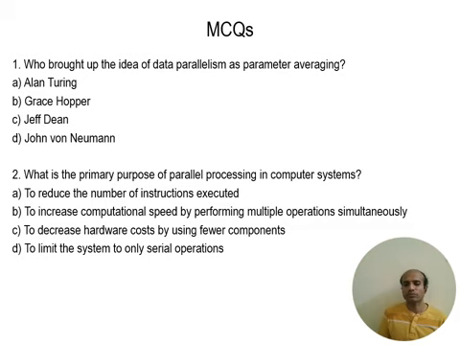We obviously want to get the maximum out of the systems, right? So the primary purpose of parallel processing is to increase computational speed by performing multiple operations simultaneously. That should be the answer for this particular question on primary purpose.